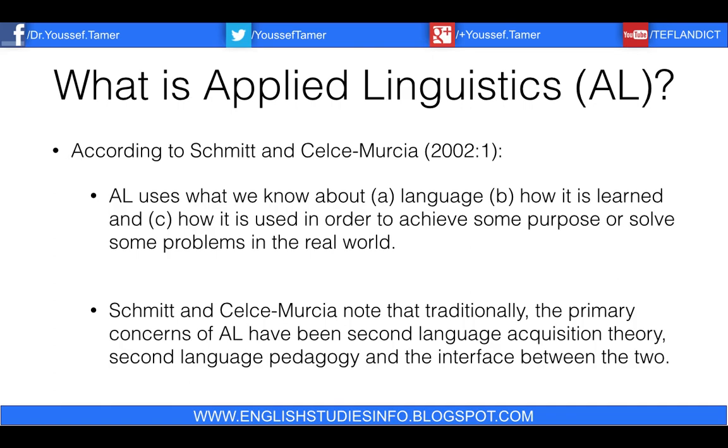At some point in time, as we're going to see in the historical development of applied linguistics, there is focus on language learning, language teaching. At other points there is the focus on applications and problems in the real world, society, etc. Okay, and this is the note that we try to attract our attention to. Next.